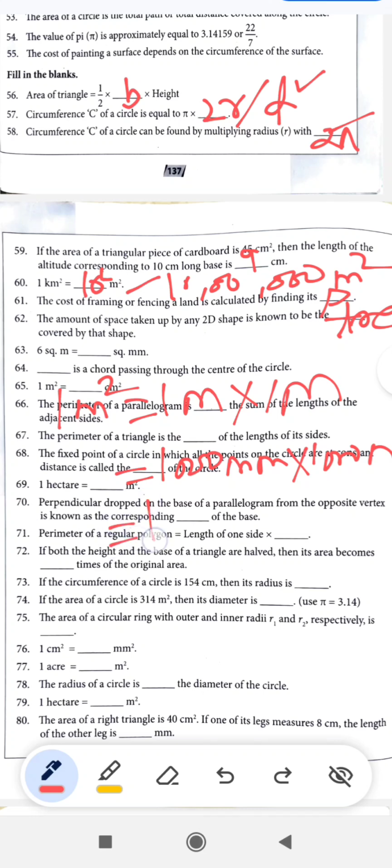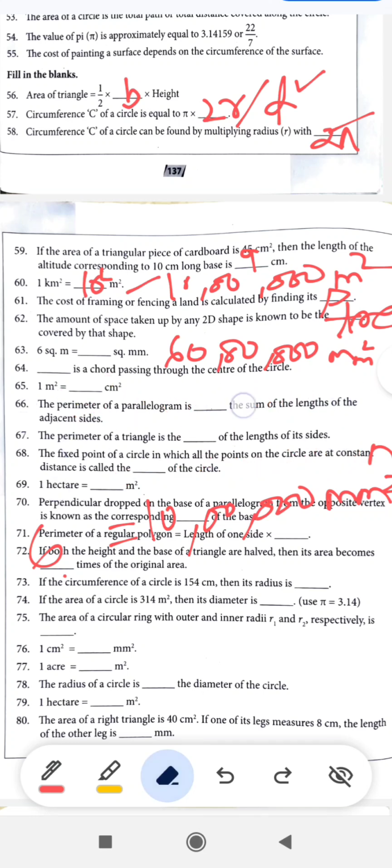It means the same as 10 lakh millimeter square. So 6 square meter is equal to 6 into 10 lakh, that is 60 lakh, 60,000,000 millimeter square. Done.